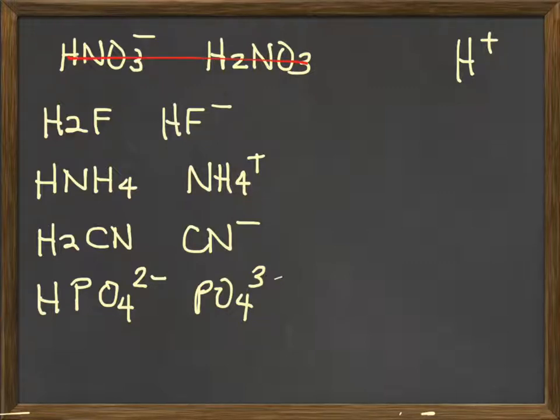Let's look at the second one, H2F and HF. Is the difference between these H plus? Yes, it is. Because if we took this HF minus and added H plus to it, we get H2F, and this minus would change into a 0. And so you would say, yeah, that's a conjugate acid-base pair.